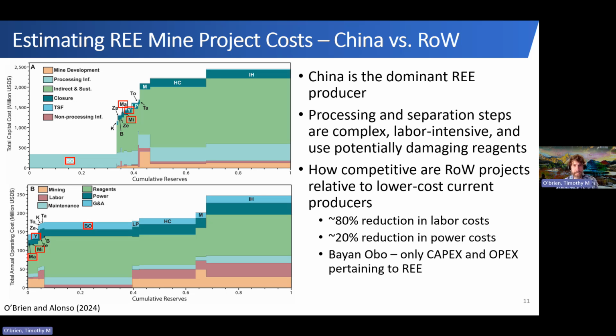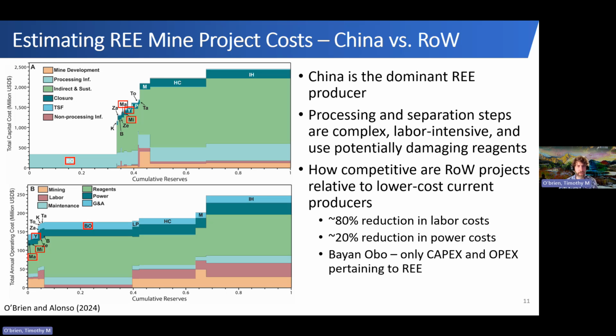And one of the reasons China is the dominant producer is because it is able to produce rare earths at a much cheaper rate than the rest of the world. And so to see how cost competitive these operations are in comparison to China, what I did is model these operations in China using an 80% reduction in labor costs, as well as a 20% reduction in power costs.